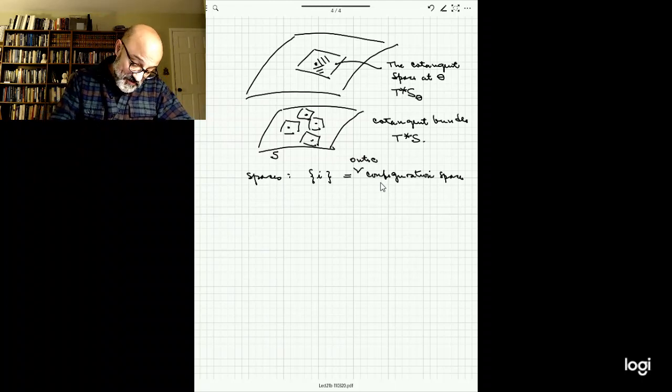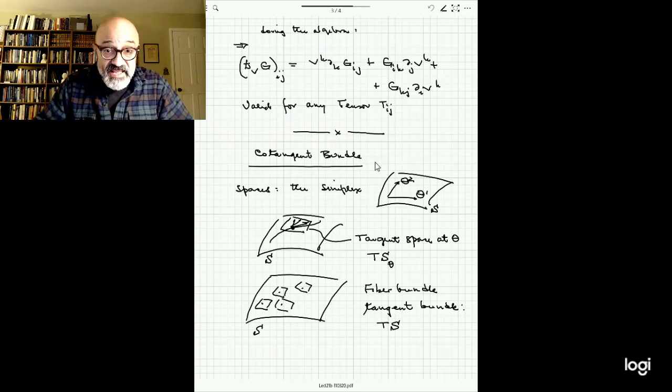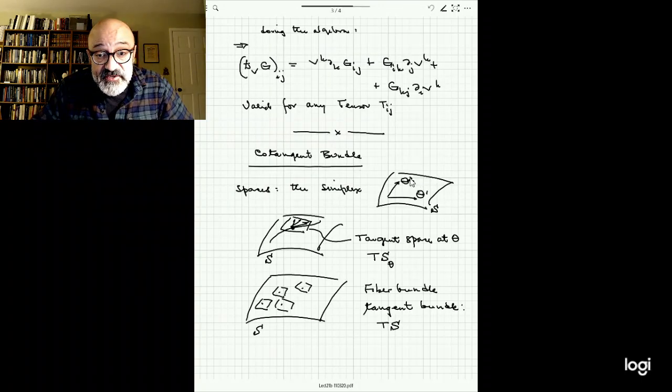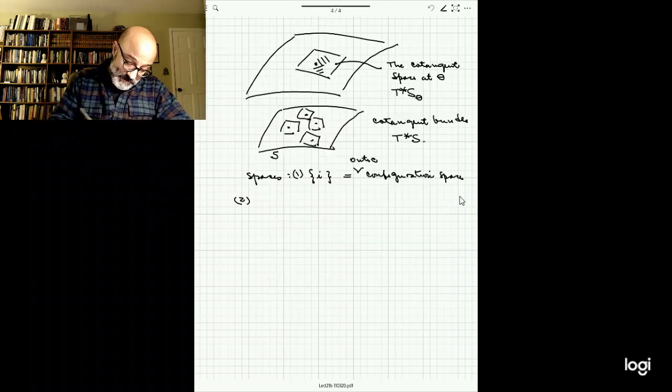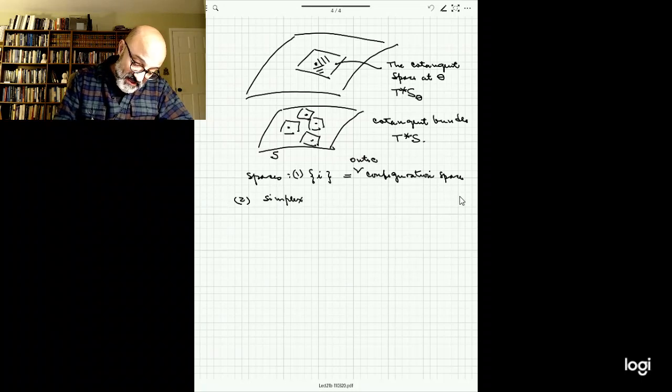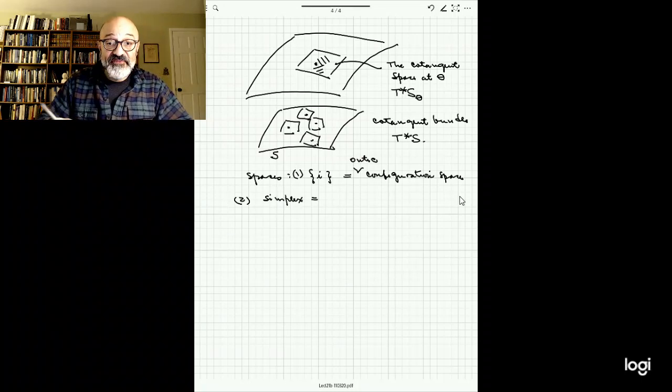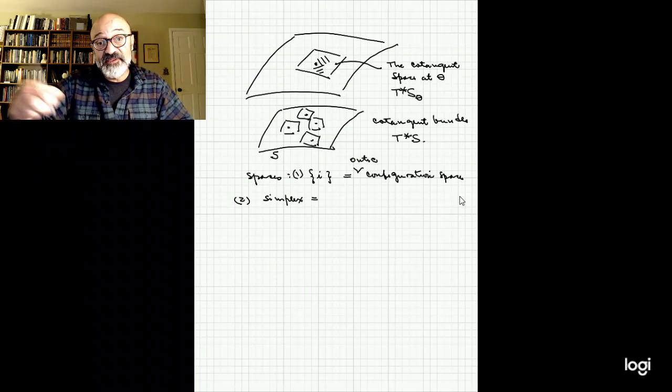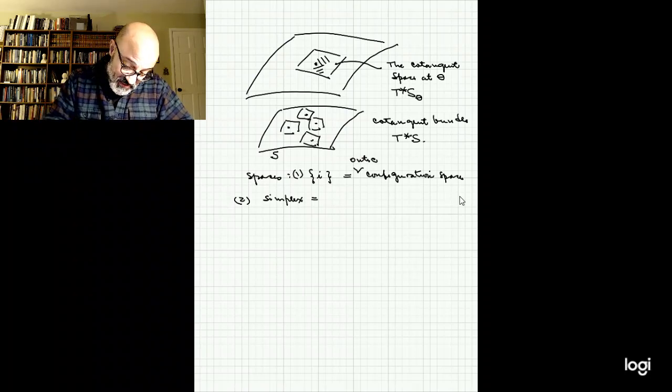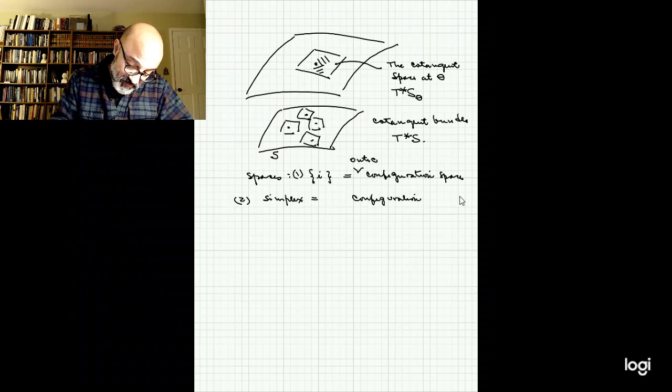That's one of them. Another space that's useful is the space of probability distributions, the simplex. So the simplex is also a configuration space. It's the configuration space for probabilities. So we're going to call this guy the epistemic configuration space.